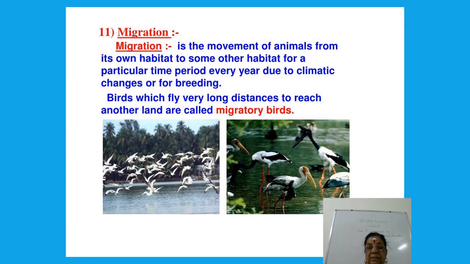Some animals cannot live in very hot climate or cold climate. So accordingly they migrate from one place to other.